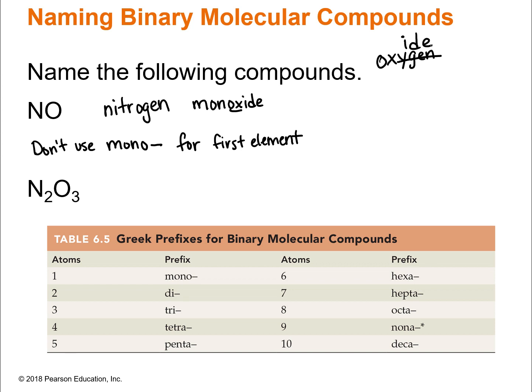For the second compound, we've got two nitrogen atoms. So we're going to use the di prefix, dinitrogen. For the oxygens, we've got three. So we'll use tri. Trioxide. Does that make sense? I think going through naming them makes more sense than just talking about the rules.